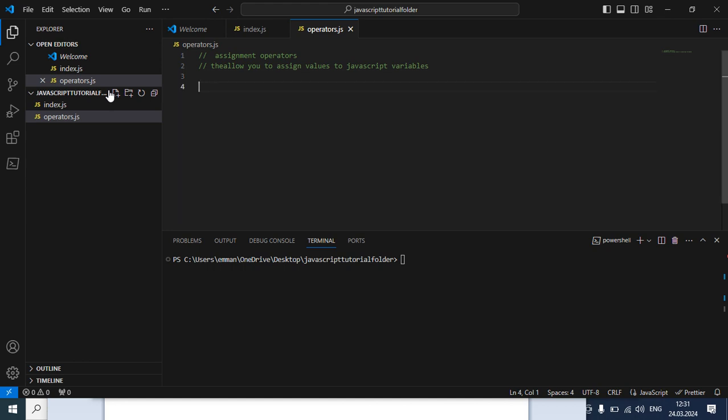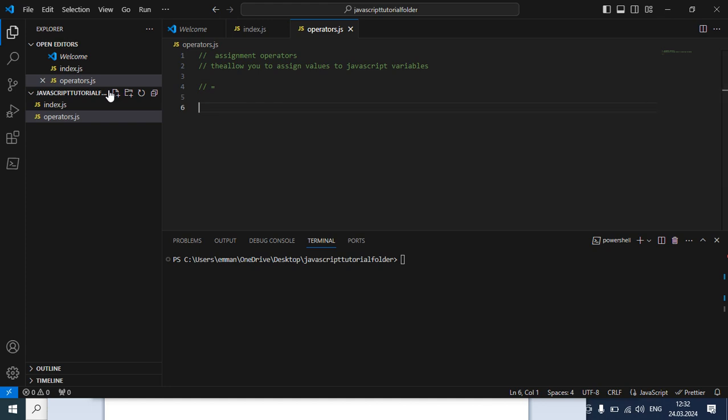So let's look at a couple of assignment operators. The first one is this, using this equal to sign.